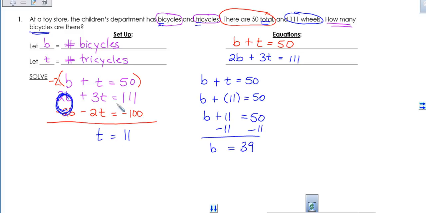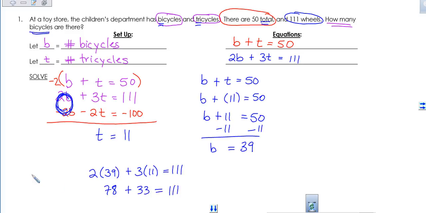So we'll try this second equation. If I have 2 times 39 plus 3 times 11, that should give me 111. Okay, so 2 times 39 is, well, 2 times 40 would be 80, and then we just take 2 off of that, so you get 78 plus 33, and that should equal 111.